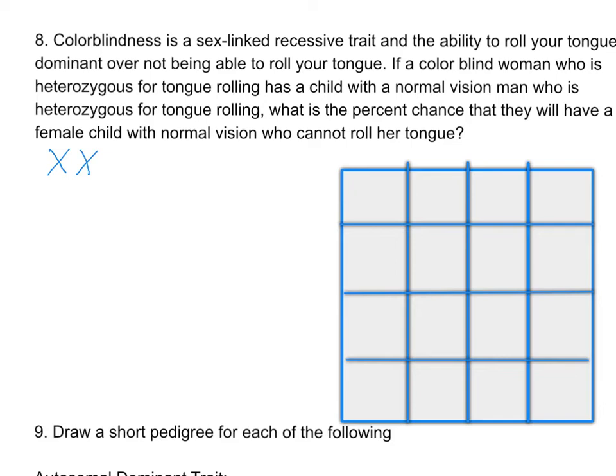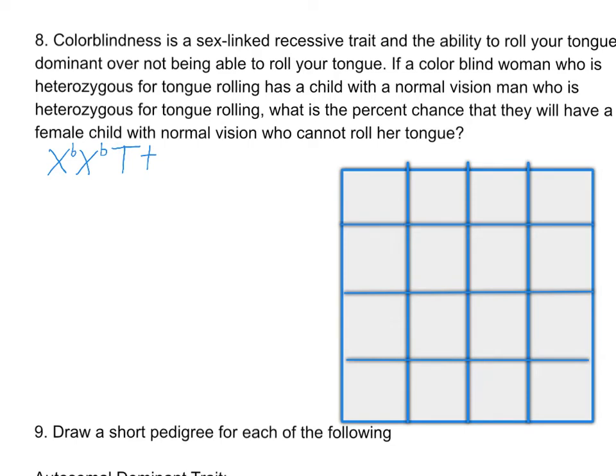I think I'm going to use B's for colorblind since different sizes of B's are easier to tell apart than different sizes of C's. So since she is colorblind, she's going to have 2 little b's for her alleles, because colorblind is a sex-linked recessive trait. And then she's heterozygous for tongue rolling, so we'll use T's for the tongue rolling. So we'll do big T, little t.